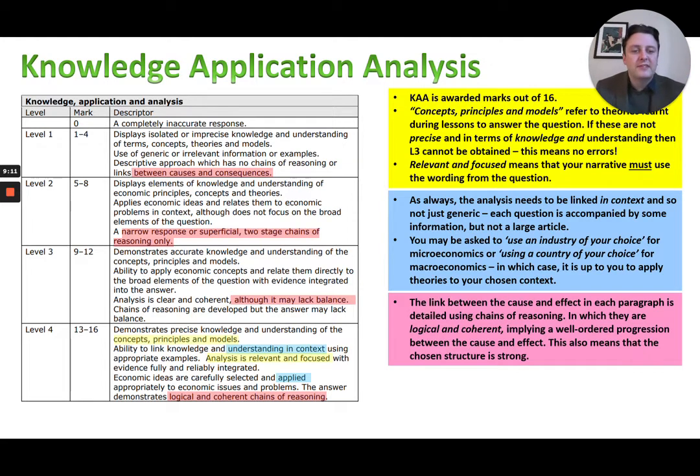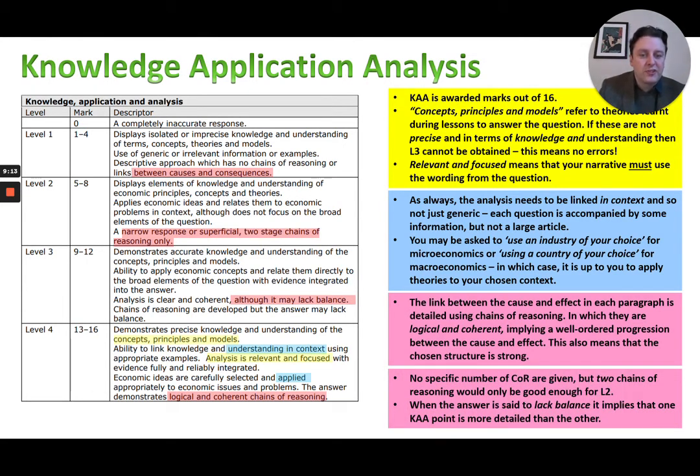Okay, this also means that the chosen structure is strong. There isn't a specific number on the chain of reasoning because different scenarios and different policies require different numbers of chains of reasoning, but two chains of reasoning would only be good enough for level 2. You need to be working on expanding your chains of reasoning.